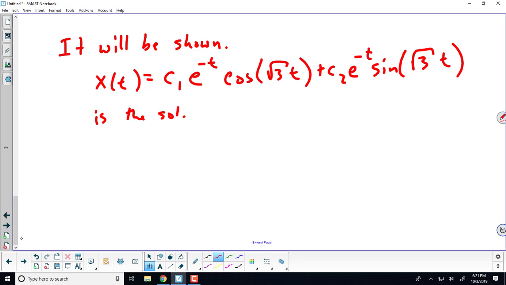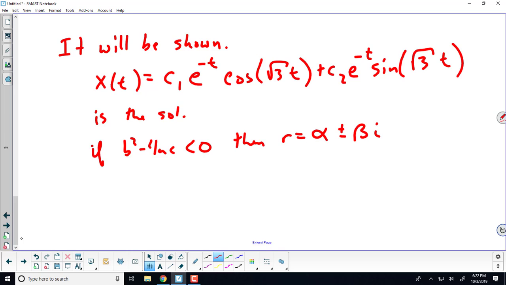What I'm showing is, if b squared minus 4ac is less than 0 for that characteristic equation, then your roots are r equals some alpha plus or minus some beta i. When the discriminant's negative, you get two imaginary solutions.